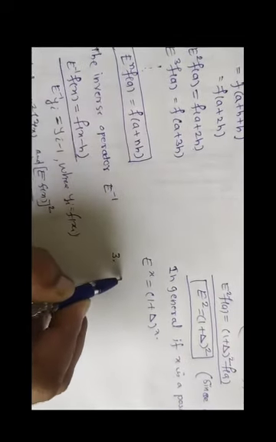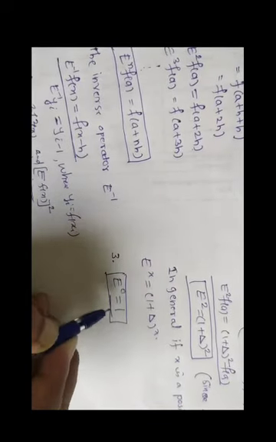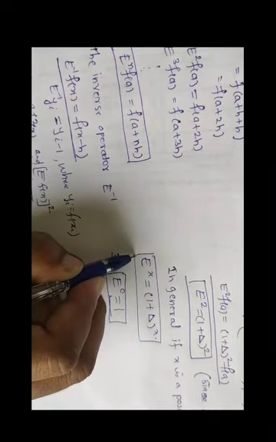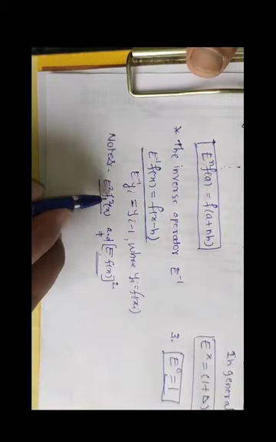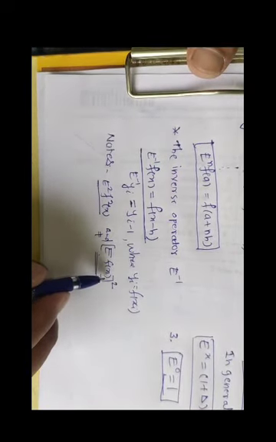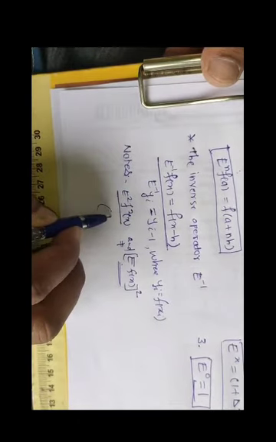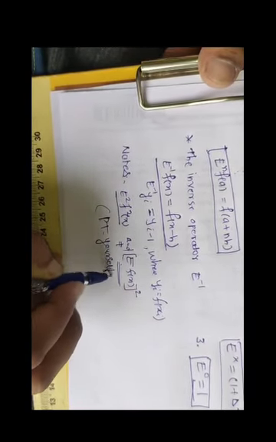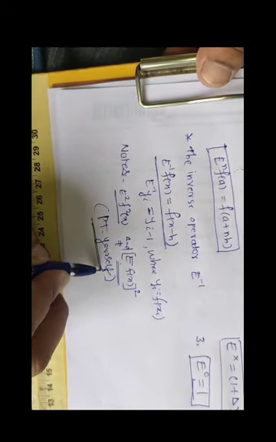Now the third point is E to the power 0 is always 1. Remember this third point. This is the second point and this is the first point: E square f of x and (E f of x) square are not equal. You try to prove this yourself, and upload it on my personal or our college WhatsApp group.